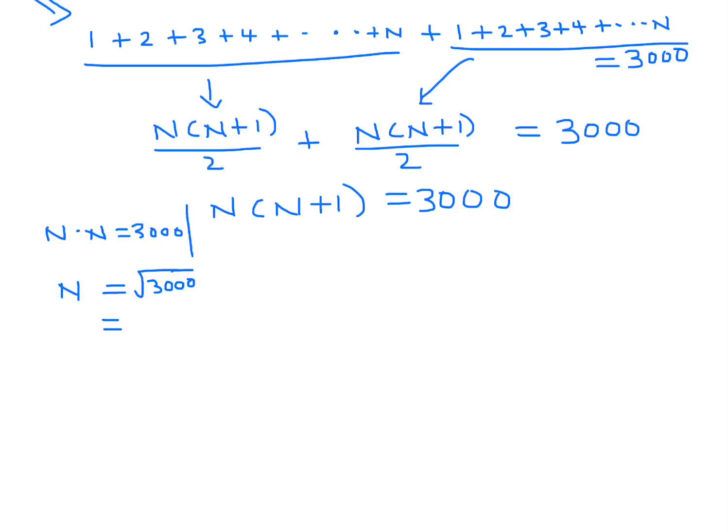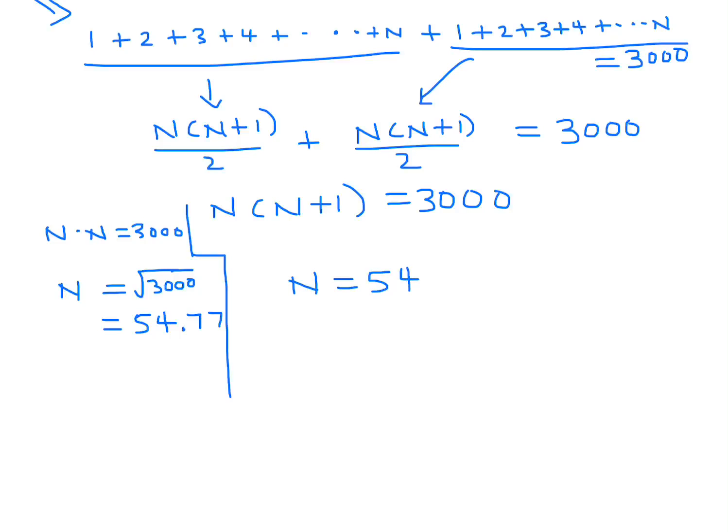If you take the square root of 3,000, you get about 54.77 to be exact. So my hunch is that n, since n is a whole number, not a decimal, is probably 54. But I don't know that 100%. But let's go with 54.